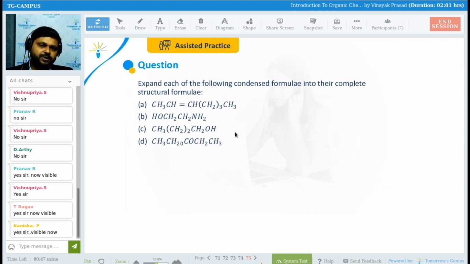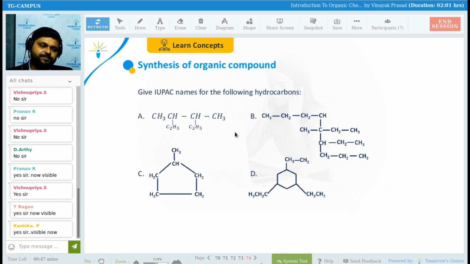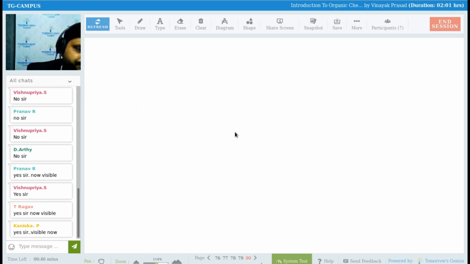Now we are going to name some compounds. See guys, although we have seen so many things, now we are going to do the nomenclature part. So basic things we have seen. Now tell me the name for this compound first. See here, first compound.